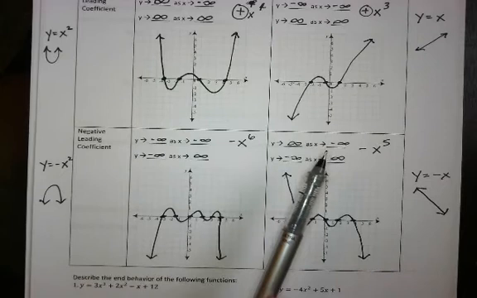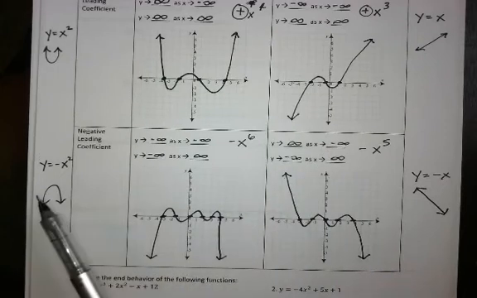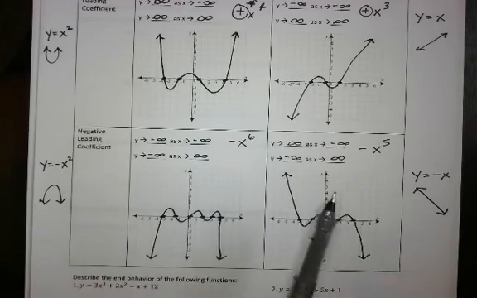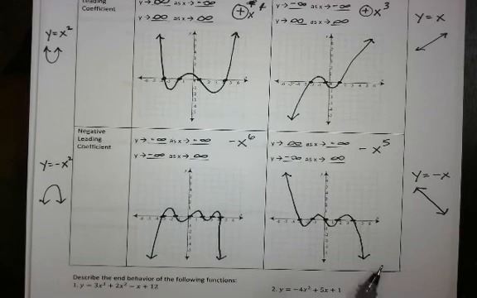So y is approaching positive infinity because it's going up. But because it's on the left side, x is approaching negative infinity because it's going to the left. And on the other side, y is approaching negative infinity because it's going down. But because it's on the right, the x values are positive.